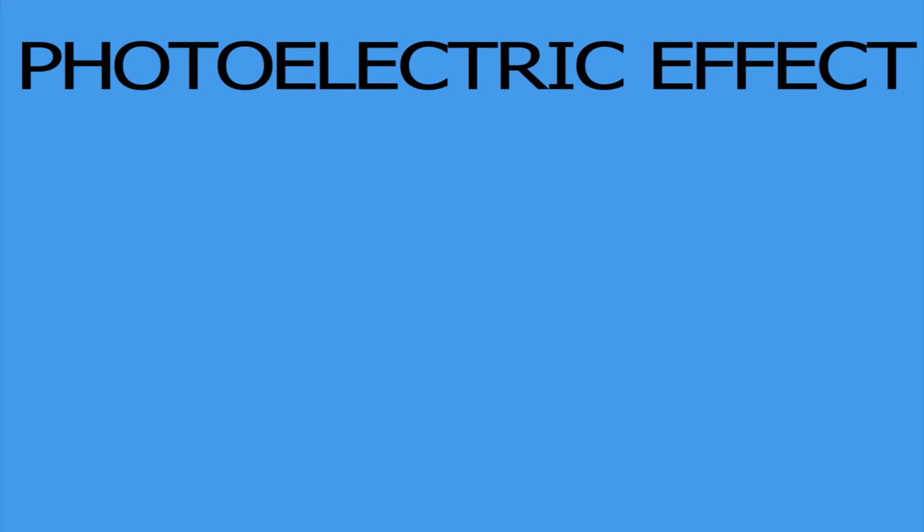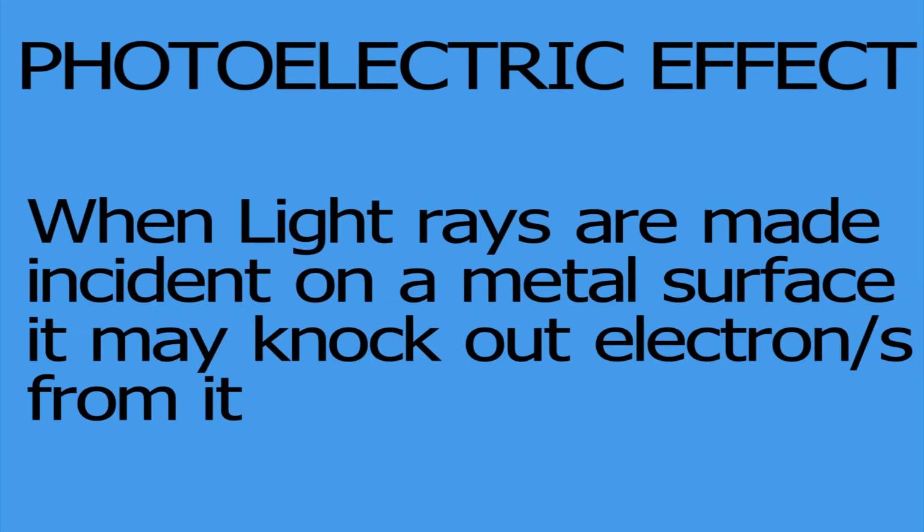The basic concept of the photoelectric effect is that when light rays are made incident on a metal surface, they may knock out an electron if they carry the threshold energy described as the work function of that metal.